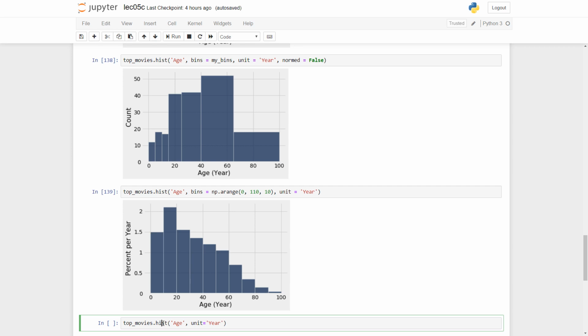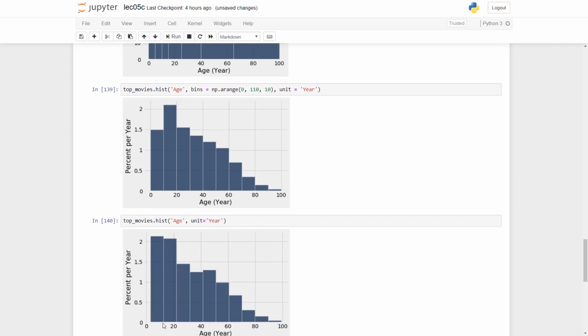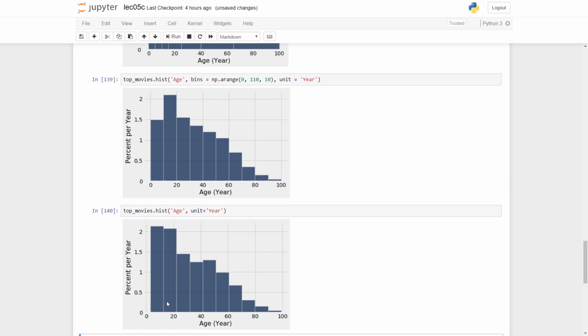The range of the values, remember, is 3 to 99. So it will divide the range 3 to 99 into 10 equal bins, and we'll do the histogram based on that. So the bins here are 10 equally sized bins from 3 to 99.